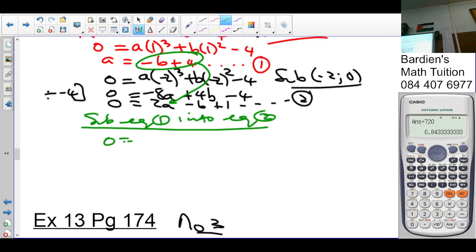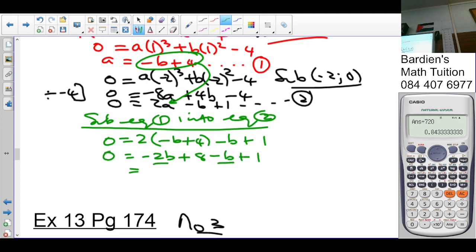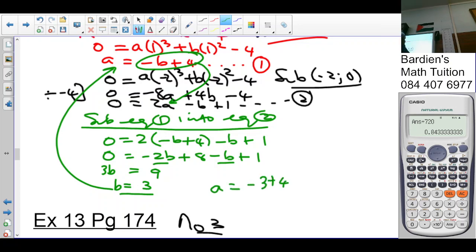So 0 is equal to 2 times (minus b plus 4) minus b plus 1. That's going to give you negative 2b plus 8 minus b plus 1. So that's going to be minus 3b. Take it over, becomes 3b equals 9. So b is going to give you a value of 3. So now I substitute that back into equation 1. So a is equal to minus b, which is minus 3 plus 4, which is 1.